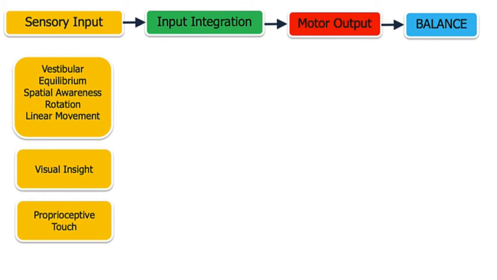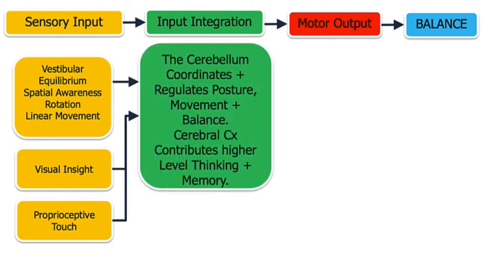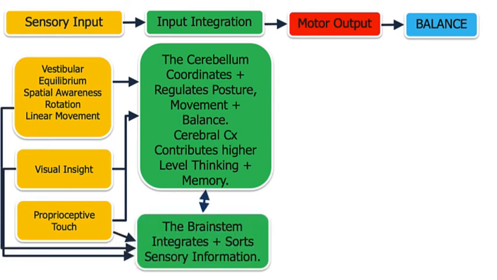All of this sensory input is then integrated in a number of areas. The cerebellum coordinates and regulates posture, movement, and balance, and the cerebral cortex contributes higher level thinking and memory. All that information is then directed to the brainstem, where integration and sorting of sensory information occurs.